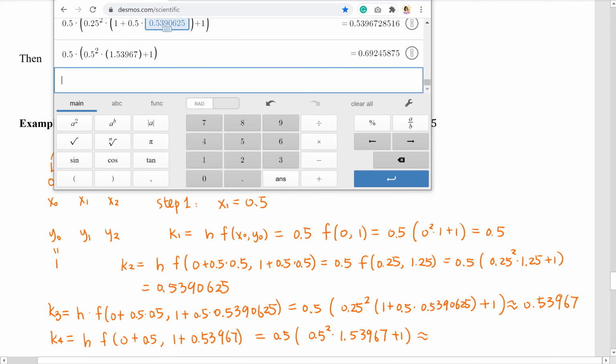And we get 0.69245, and we can round up. We get 0.69246.